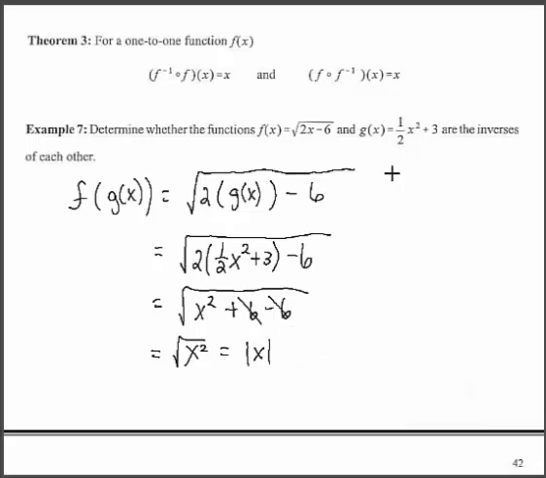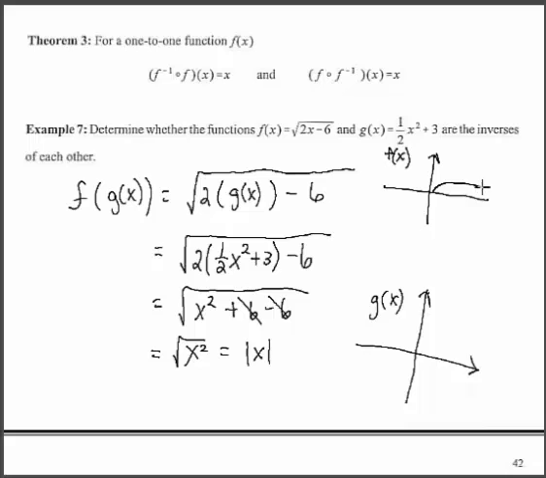And if you just look at the graphs of both f and g, you'll see what the problem is. f is a square root function, and it looks pretty much like that. It passes the horizontal line test.